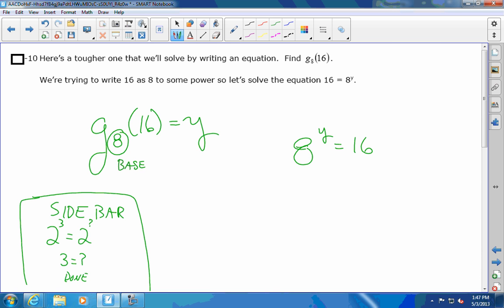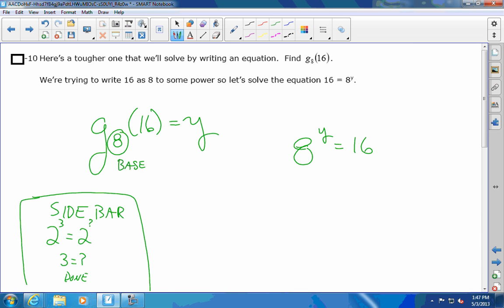So if I can get an equation where what I have on the left side can be written in exponential form with the same base as what's on the right side, hey, life gets much simpler. Okay? So you look at the number 8 on the left side and the number 16 on the right side and you say, can I rewrite both of those numbers as some number raised to a power with a common base?